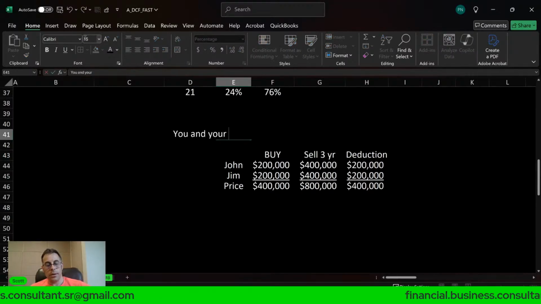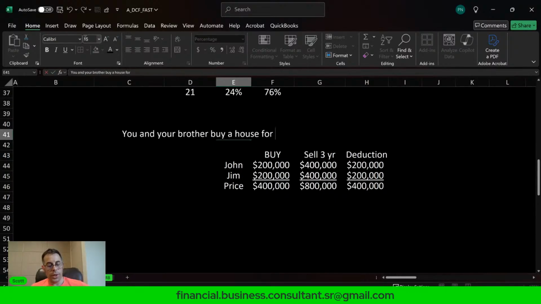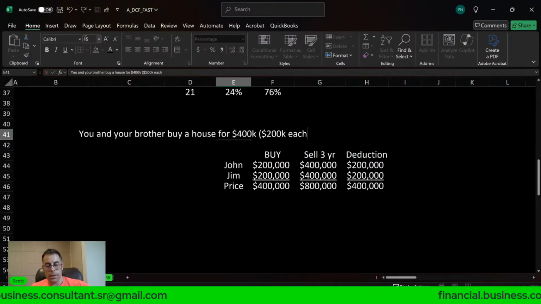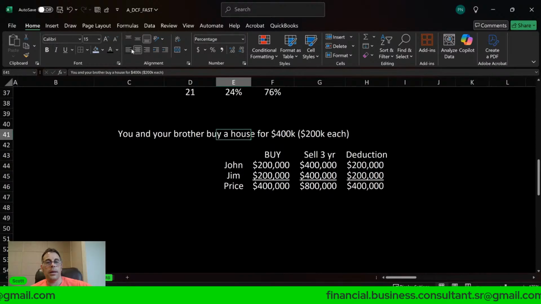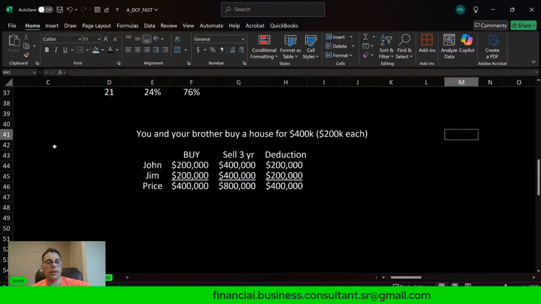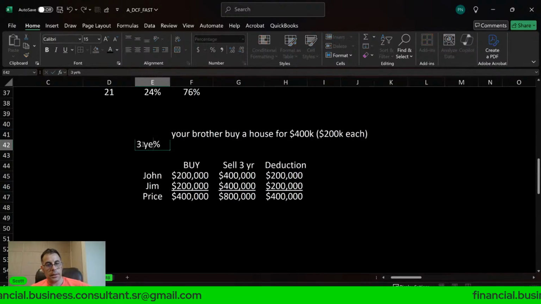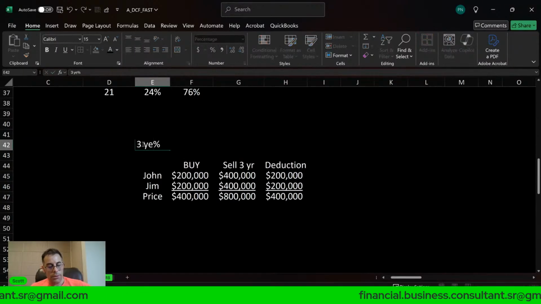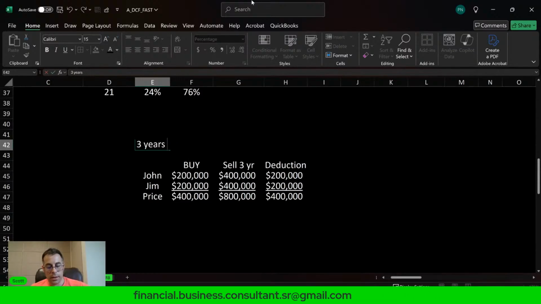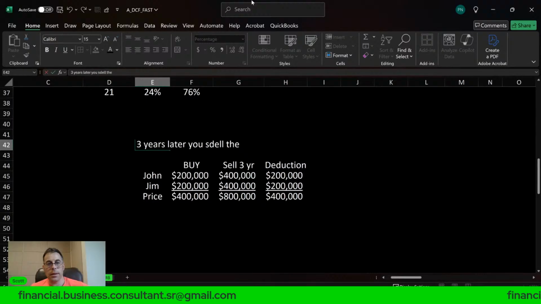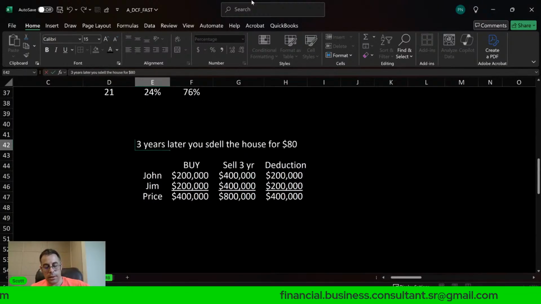You and your brother buy a house for 400K, 200K each, so you both split it. 3 years later, you sell the house for $800K.